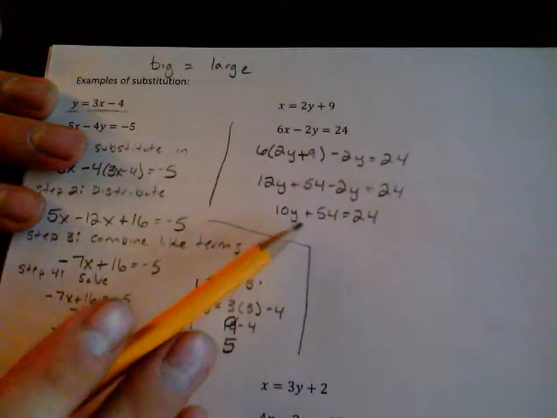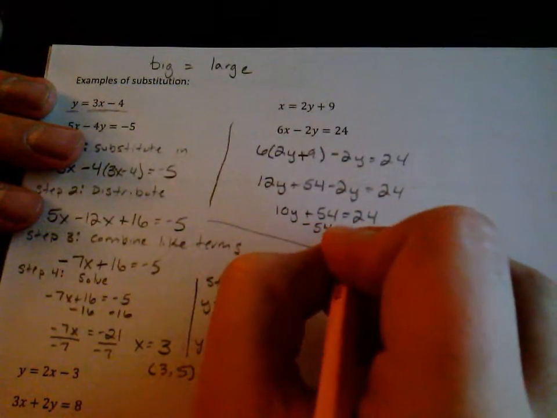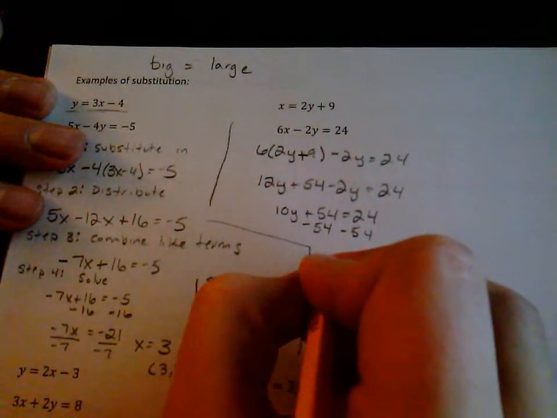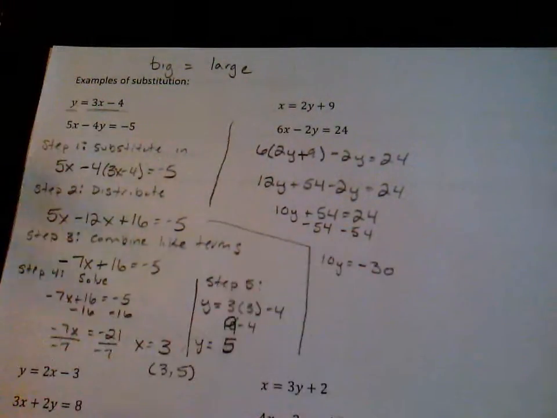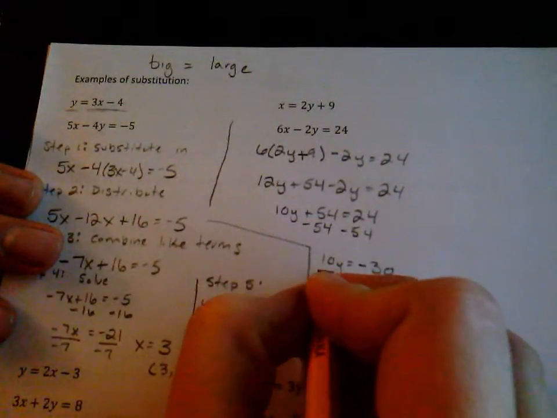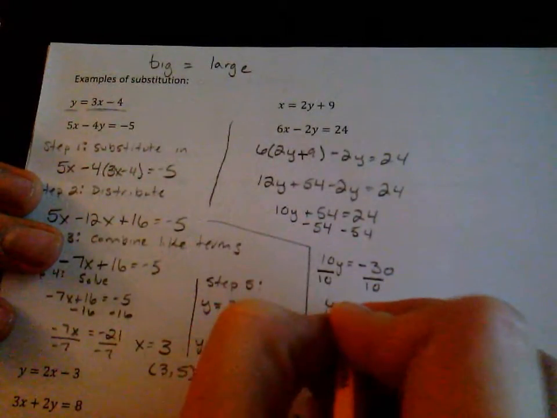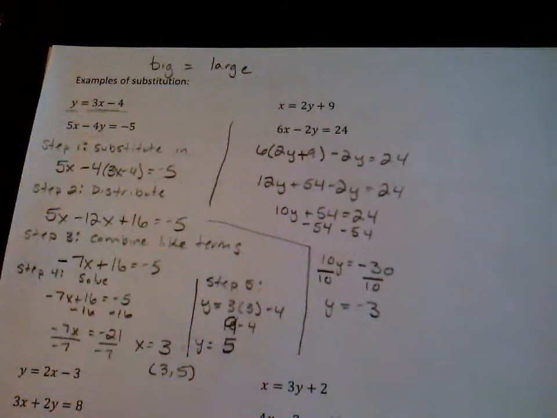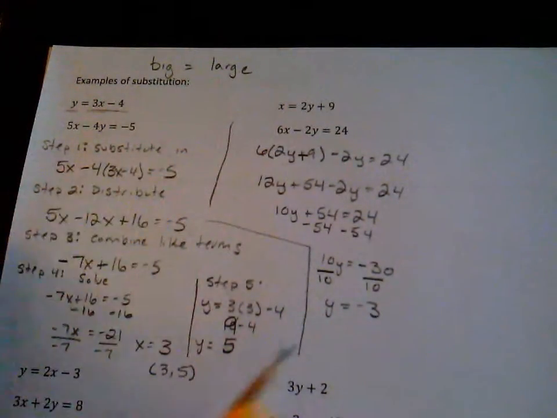Next is to get rid of this 54 by subtracting 54, so that's 10y equals negative 30. Then we divide by 10. Y gives us negative 3. Finally, you plug it back in for this y, and you figure out what x is.